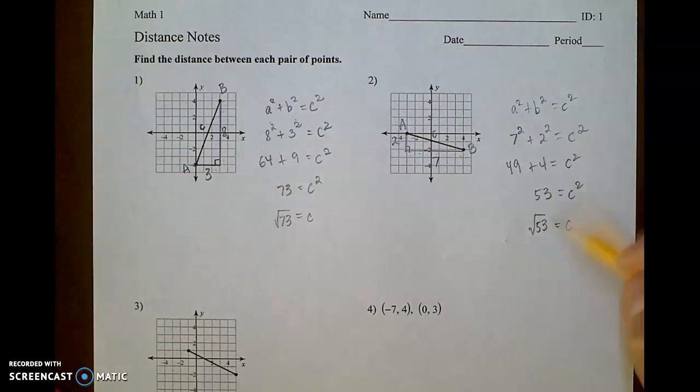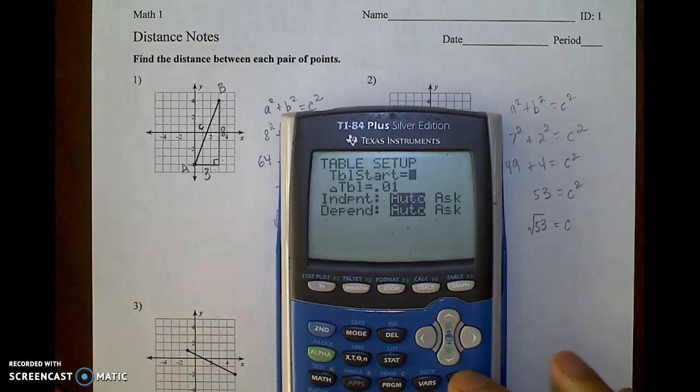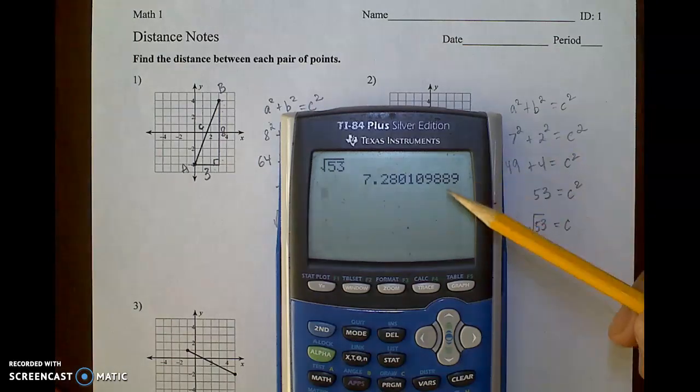Now what I want you to make sure you're doing is that if you go to your calculator and take the square root of 53, you see that it ends up being a decimal. I want you to leave it as the square root of 53, unless the directions tell you to give a decimal answer.